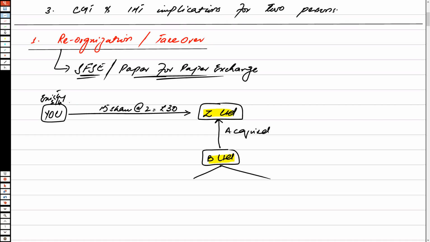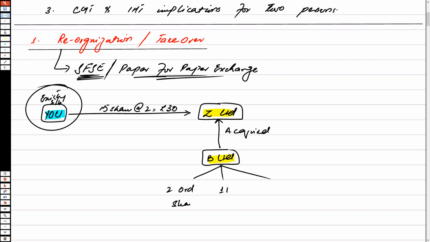So at time of reorganization, B Limited would be offering you, being existing shareholder of company Z, multiple things. For example, company B offered you, for example, 2 ordinary shares. Who is offering? Company B. To whom is it being offered? To the existing shareholder.